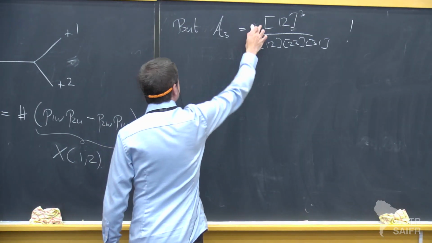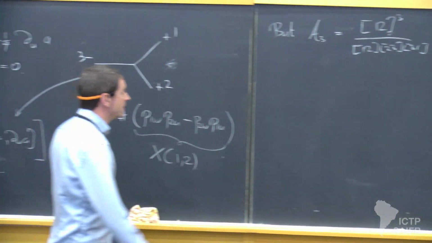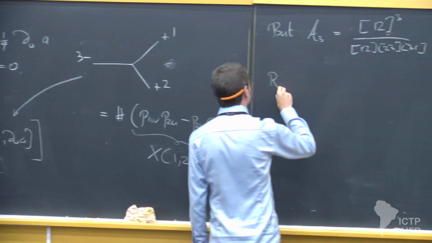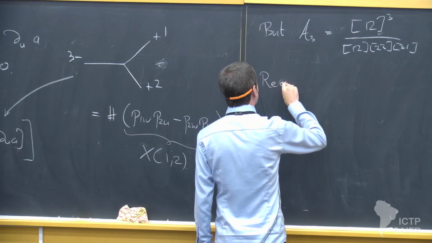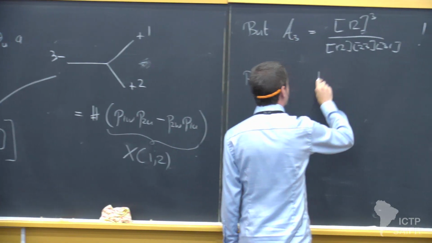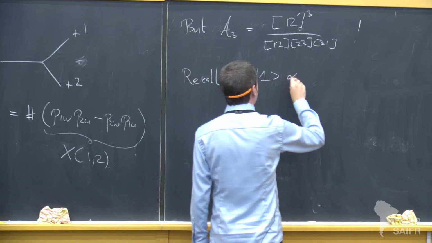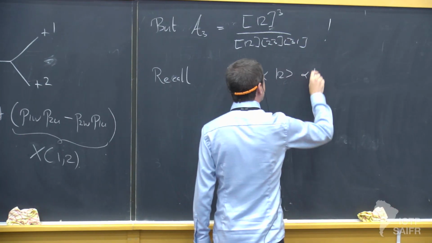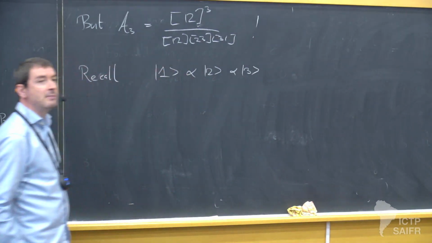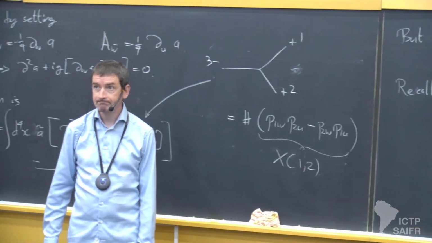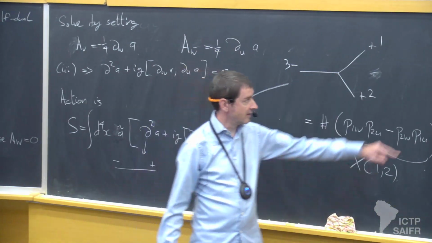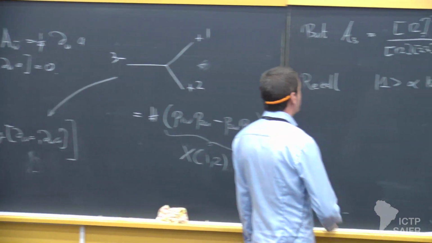So this is this plus plus minus amplitude. Recall, I guess Yaroslav probably talked about this last week, that when you're talking about this amplitude, these 3 spinors are proportional, right? Their brackets go away. That's why I've got square brackets here.